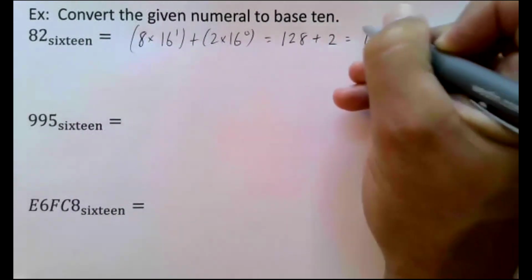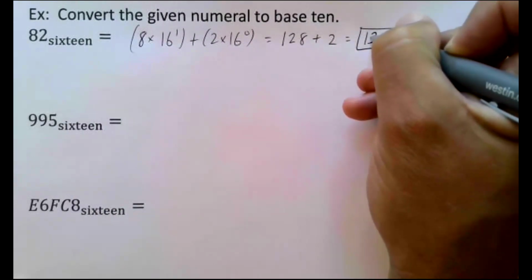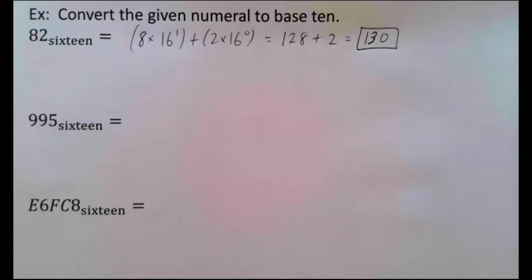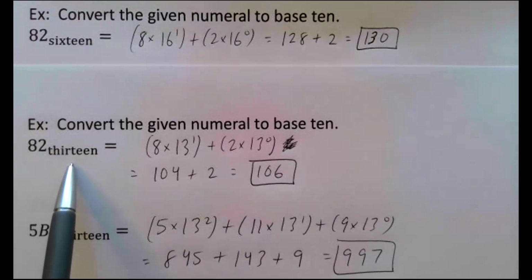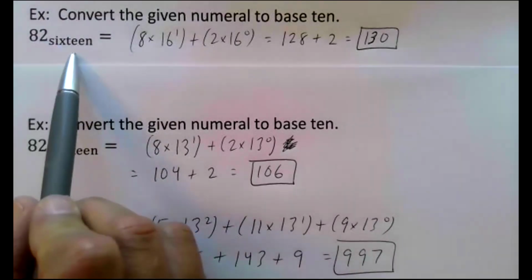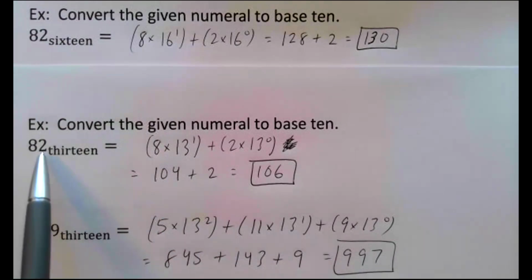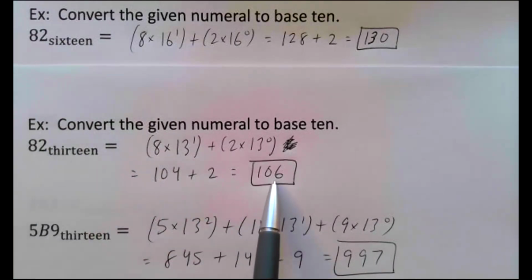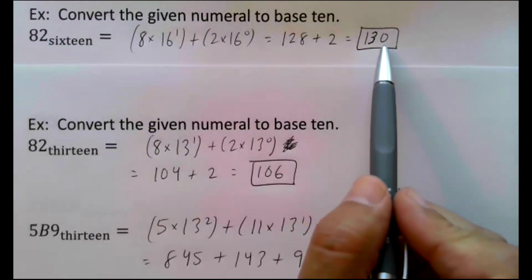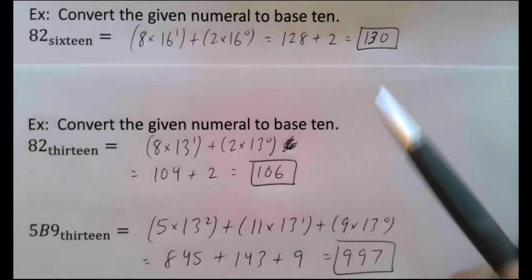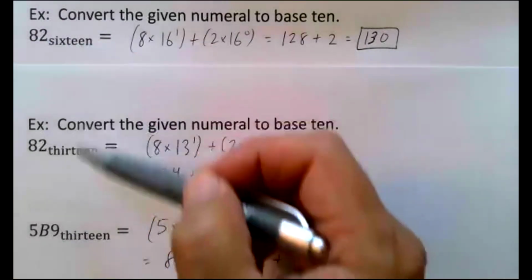That is equal to what we would call 130. Remember, on the last page we did 82 base 13, and 82 base 13 was equal to 106. 82 base 16 is equal to 130. They're not the same, right? It's because they're different bases.